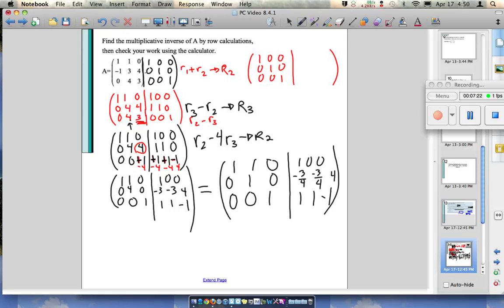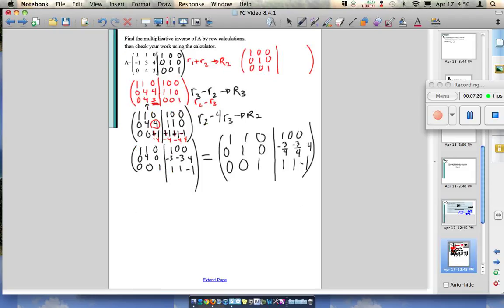And then last but not least, I'm going to look at getting rid of that 1 in the top row that I don't want. So to do that, I'm going to take the first row and minus the second row to replace row 1. So row 1, let's see, so I'm going to take away this second row. So I'm going to change all these so I can see what I'm doing.